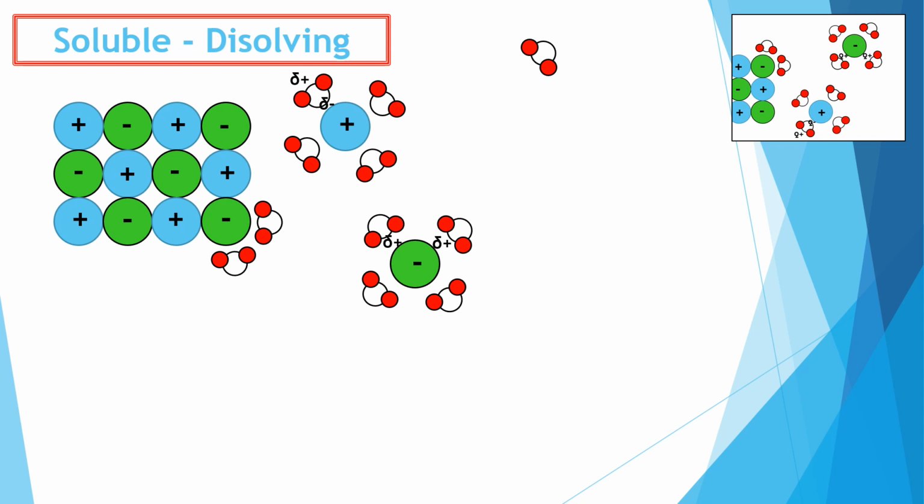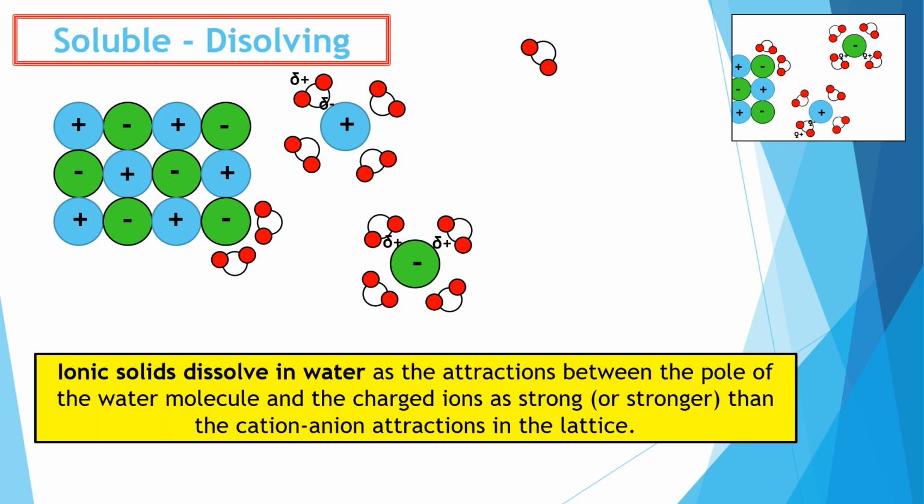So water molecules can dissolve ionic solids by slowly pulling away each ion from the attraction. The attractions between the water molecules and the ions are just as strong as the attractions that the ions have for themselves within the lattice, and that's why they can dissolve.